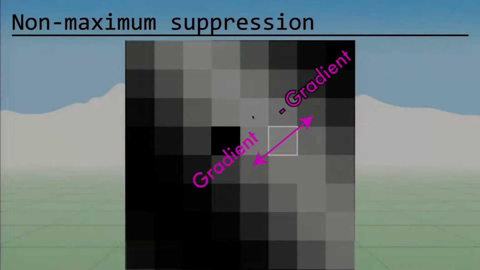If the gradient falls in any of the angles that might be construed as diagonal, we're going to look at the pixels on the 2 corners. If the gradient is more or less vertical, we're going to look at the top and bottom pixels when we're doing our non-max suppression. So that's one way of doing this when the gradient direction might not be exactly toward a neighbor pixel. The other way of doing it is some kind of interpolation.